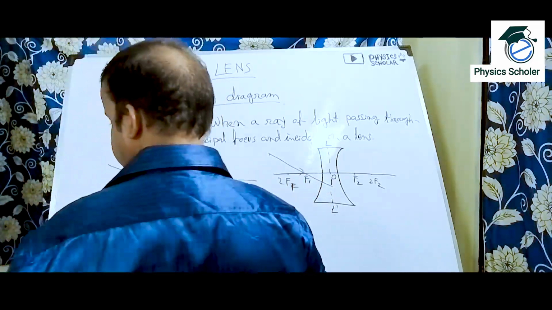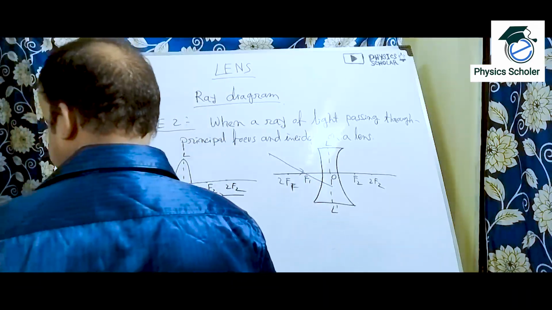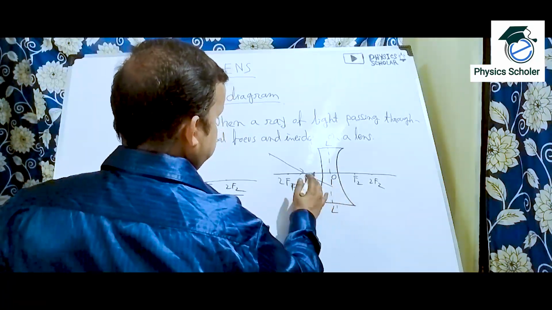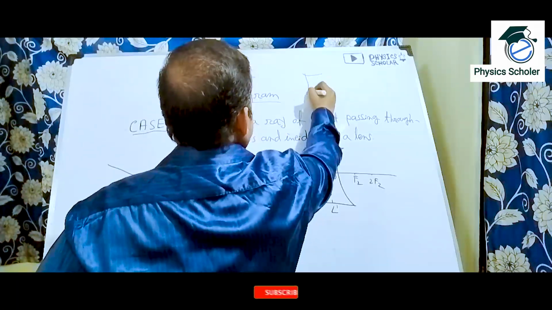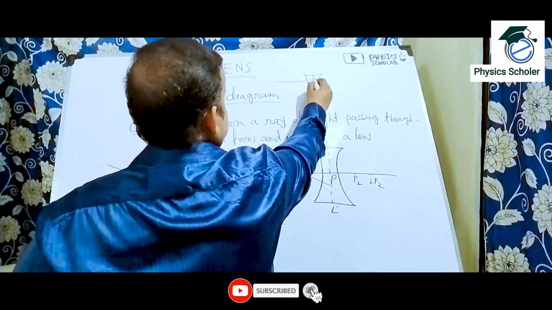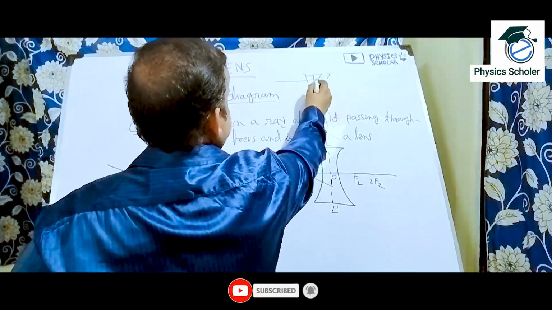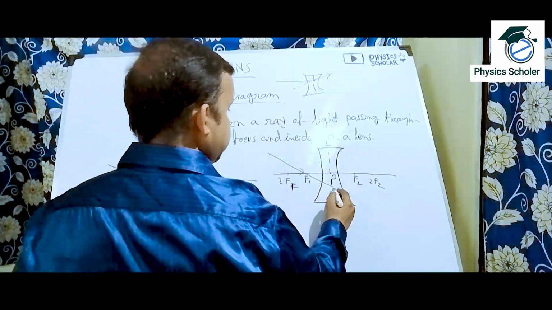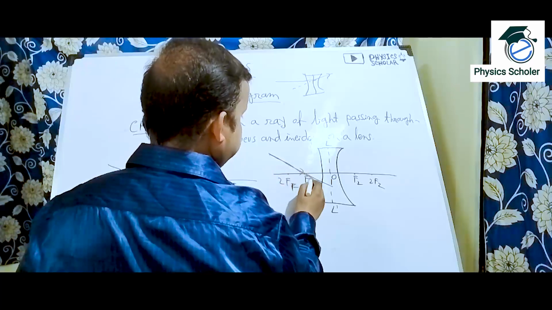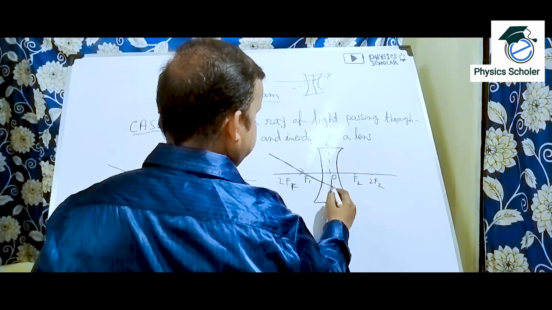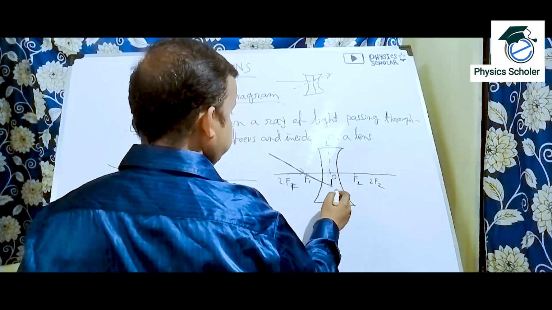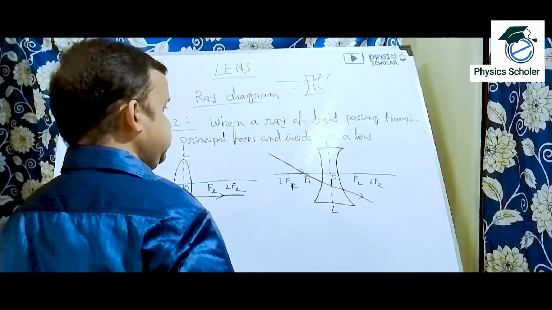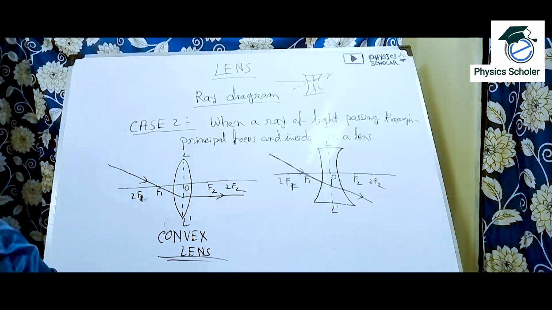If a ray of light moves toward this focus point, then if we draw this diagram, it will be like this. It should meet at the principal focus. So if a ray of light is coming in this path, after getting refracted, it will move in this direction. Okay, moving up next.